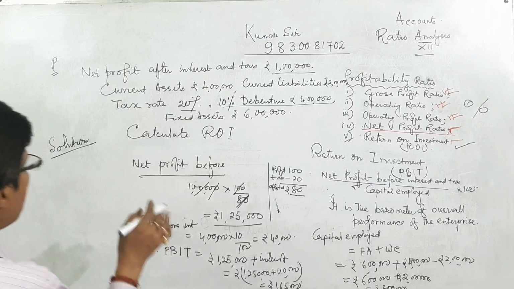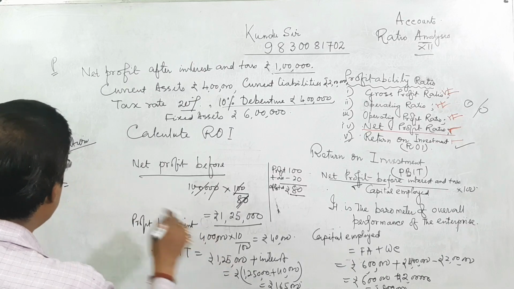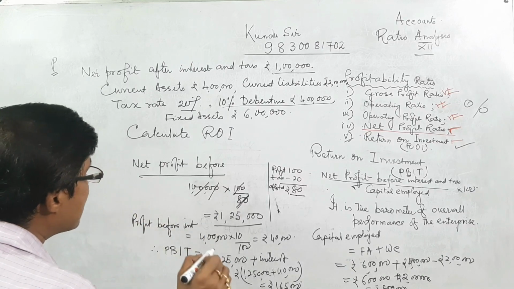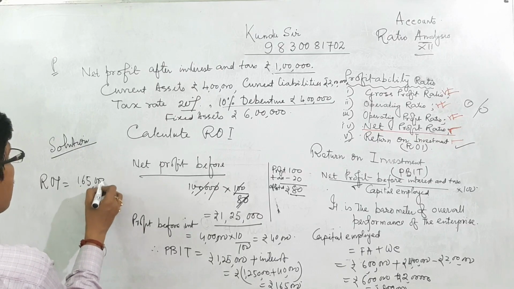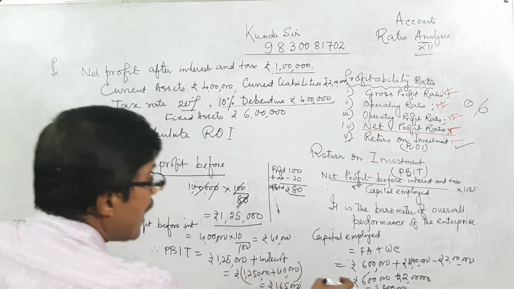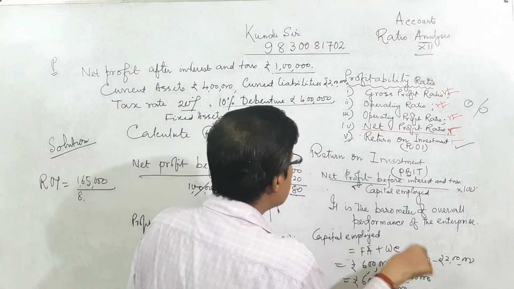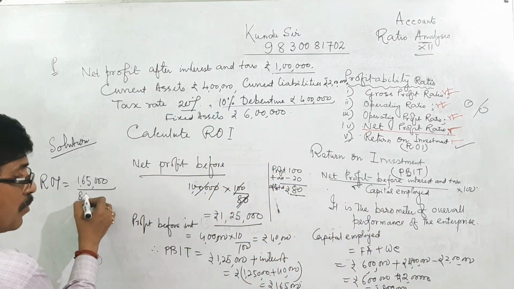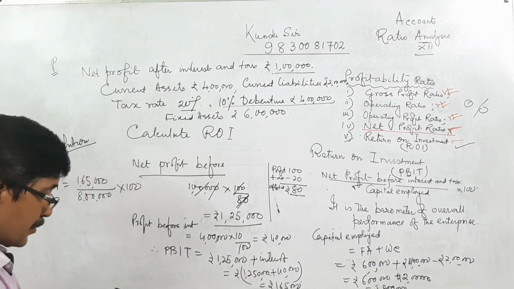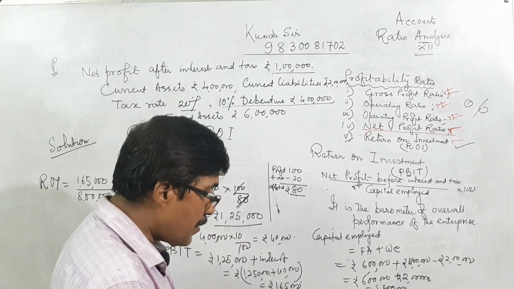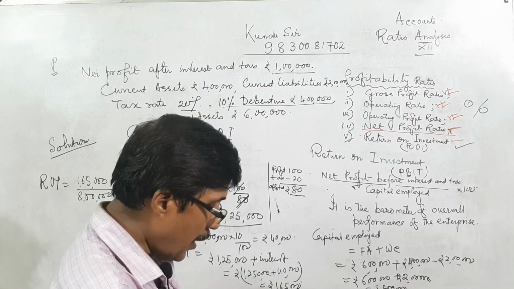Now, what is ROI? ROI equals net profit before interest and tax, that is PBIT, 1,65,000, upon capital employed, which is fixed assets plus working capital, 8 lakh. It is expressed in percentage, so 1,65,000 divided by 8 lakh into 100.